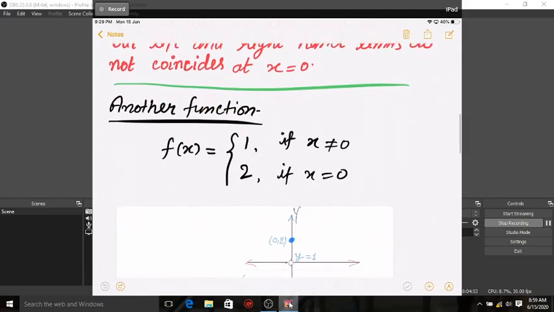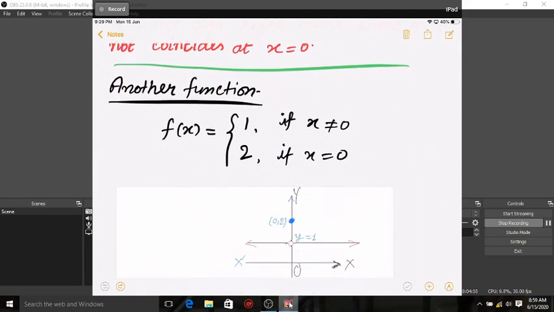Now I am taking another function, that is f(x) equals 1 if x is not equal to 0, and the value of the function is 2 if x equals 0. Here the function is continuous on the left hand side of the y-axis as well as on the right hand side of the y-axis, but on the y-axis the value of the function is different.